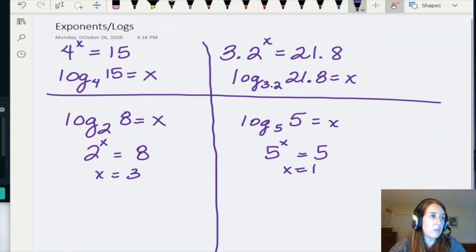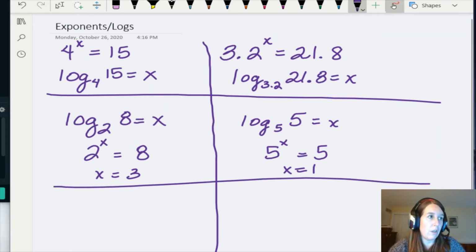We can also solve problems using logs and exponents that solve for different parts of the equation. Okay, so this is log base x of 4 is equal to 2. Okay, so notice that the base here, x, is very inconvenient.